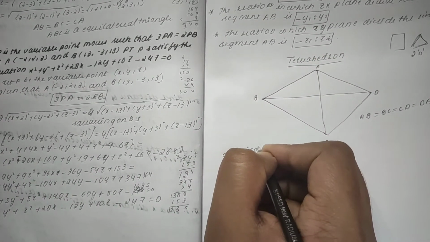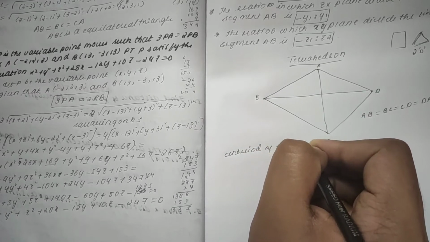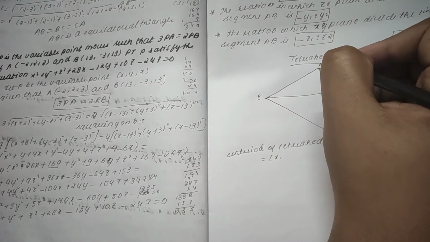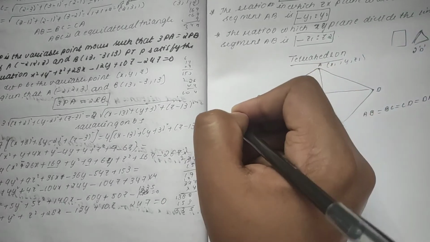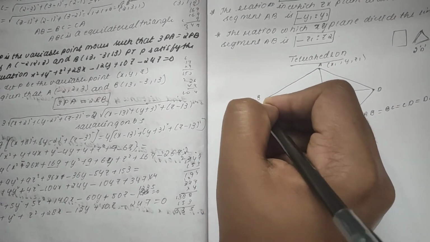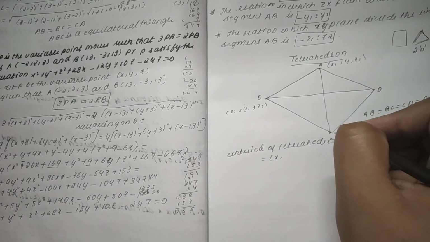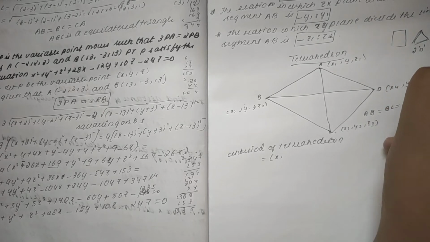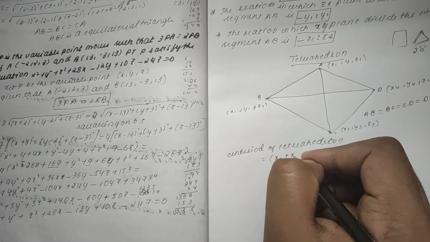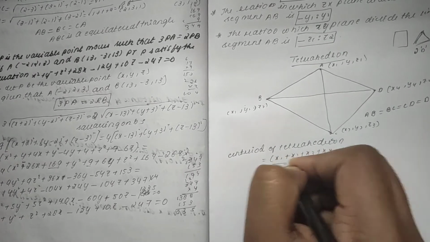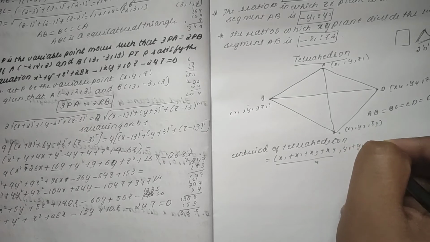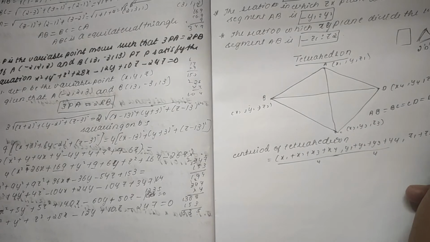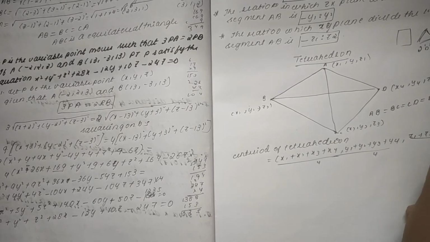The centroid of tetrahedron, with points A x1, y1, z1, B x2, y2, z2, C x3, y3, z3 and D x4, y4, z4, is x1 plus x2 plus x3 plus x4 by 4 comma y1 plus y2 plus y3 plus y4 by 4 comma z1 plus z2 plus z3 plus z4 by 4.